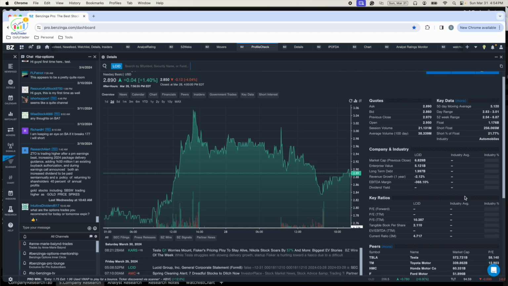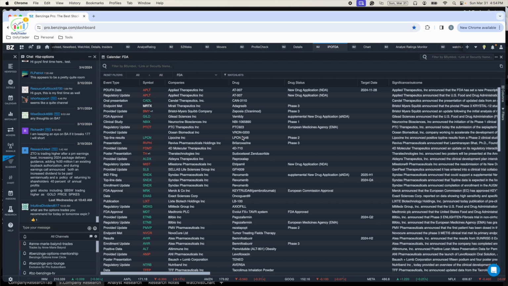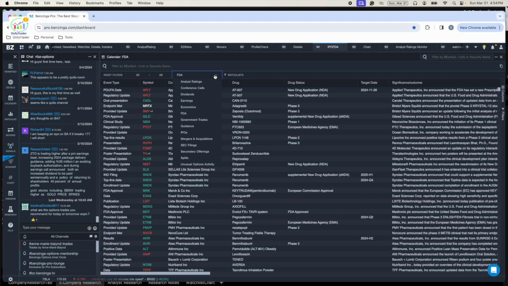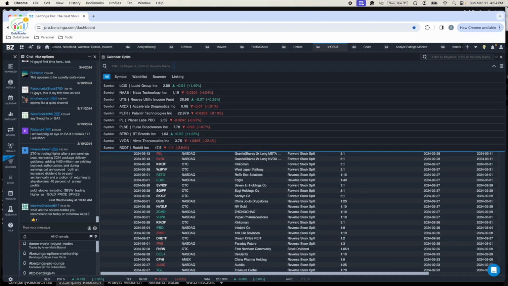These are kind of technical analysis. You can focus on doing that. And after that, the other things I look at, when I go to the calendar, there's a lot of things. If you're into pharma, then you can focus on FDA approvals, or IPO stocks, SEC filings, secondary offerings, splits, whatever you want to know, and you can search here.